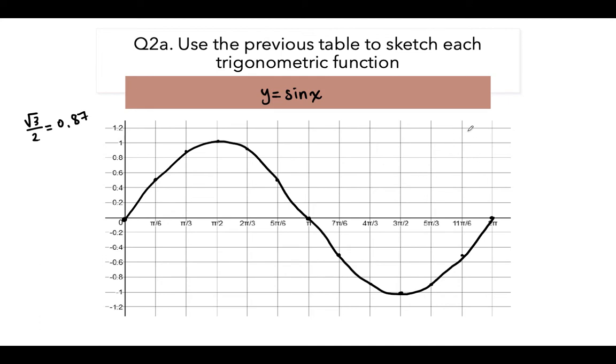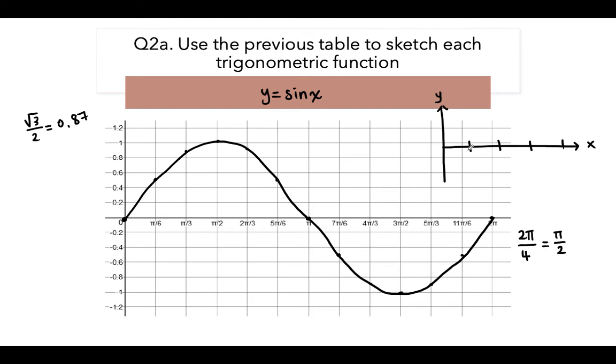So some of the key points I want you to remember for sine is when you draw the axis, so this is x and y, always divide it into 4 sections. 1, 2, 3, 4. So this 4 section represents 2 pi. So you're going to do 2 pi over 4 section, which will give you pi over 2.